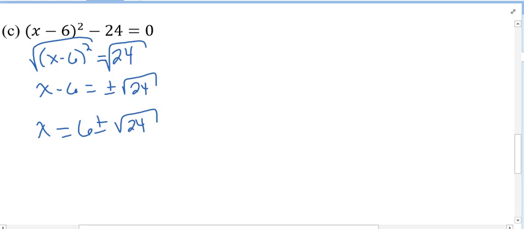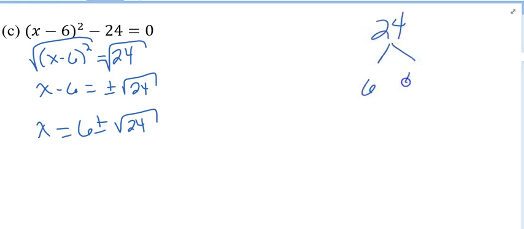All right, now where this one is different is that square root of 24 is a square root that we actually can simplify. So we're going to come over here and we need to factor 24. So 24 is 6 and 4, which the square root of 4 is 2. So we know that we'll be able to simplify this down. For every pair we have, we can take 1 out of the square root.